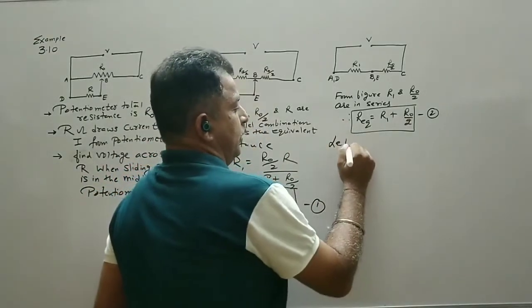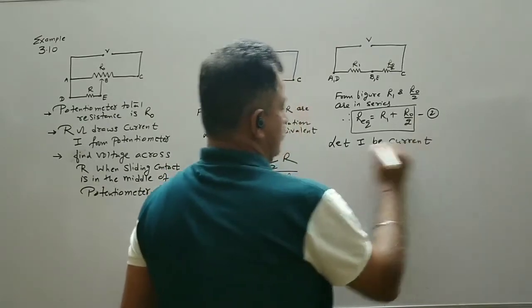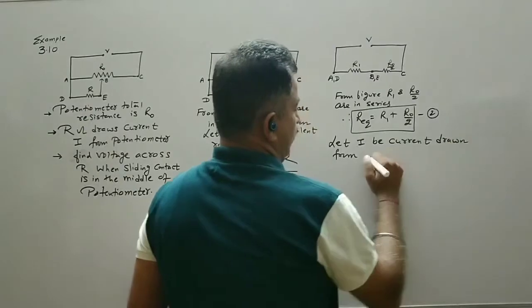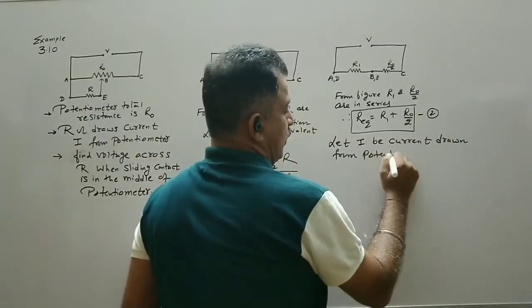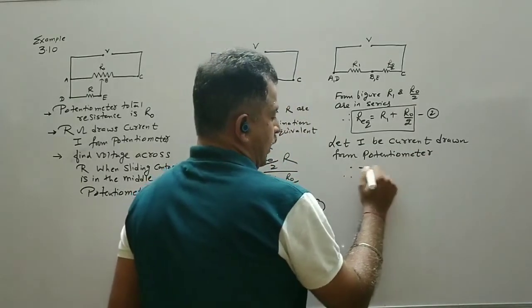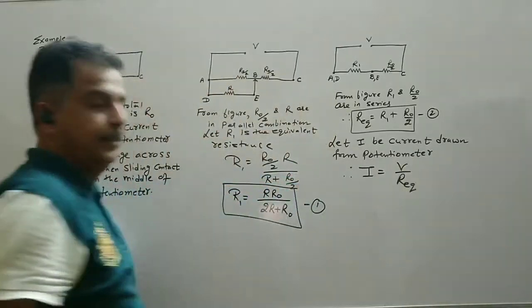Let I be the current drawn from the potentiometer. Therefore, I is equal to V upon R equivalent.